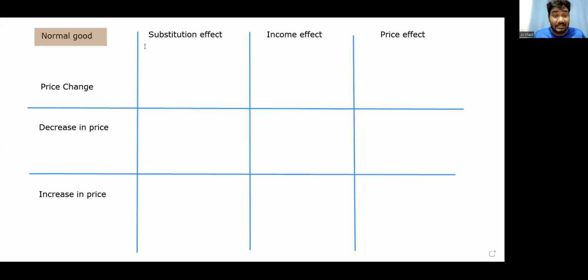Okay. Listen. When we talk about the substitution effect, we look at the relationship between the relative price and the quantity demanded.